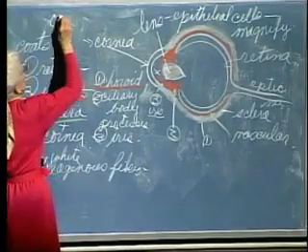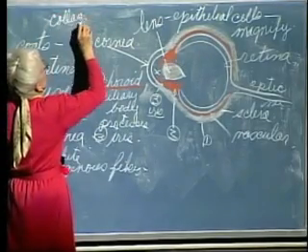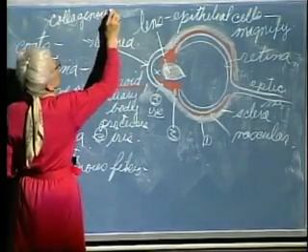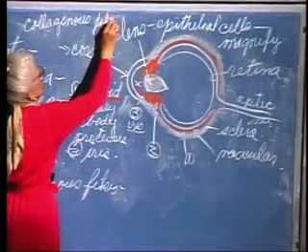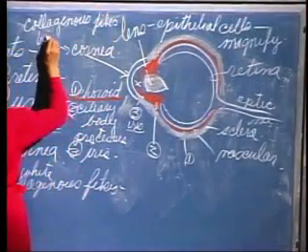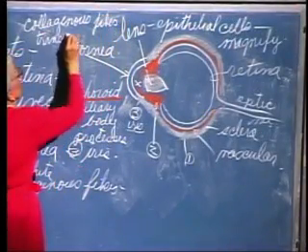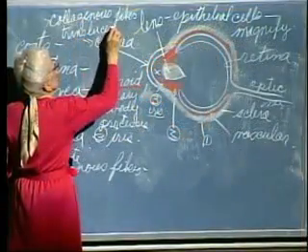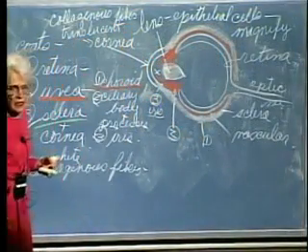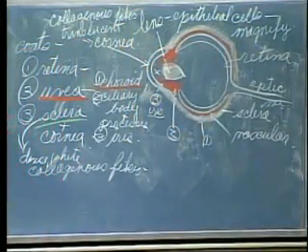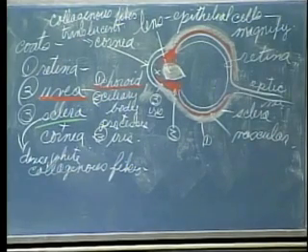So these are collagenous fibers. But they're translucent. Anybody had a corneal transplant or know of anybody who can? Wonderful things they can do today, right?